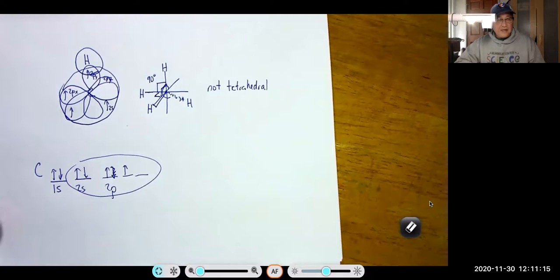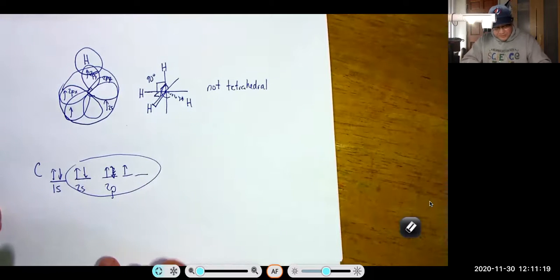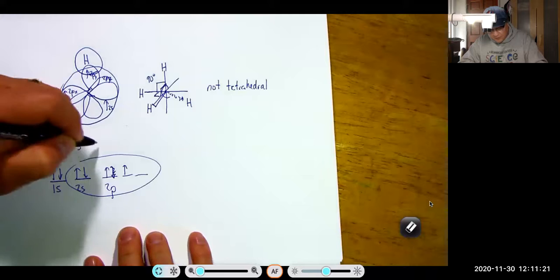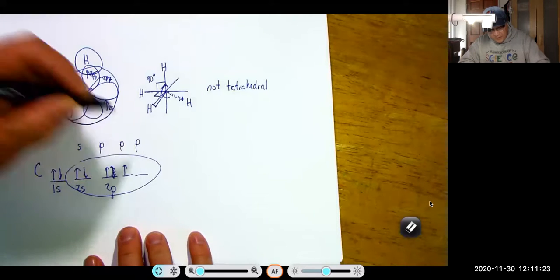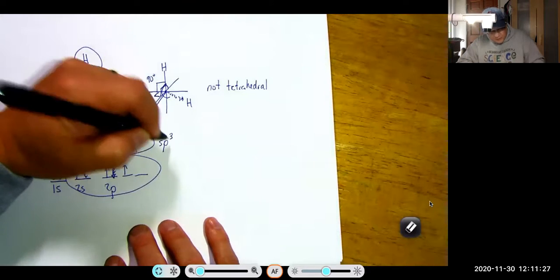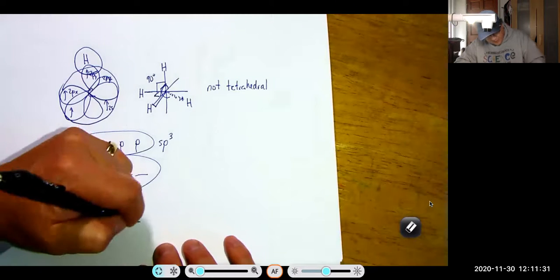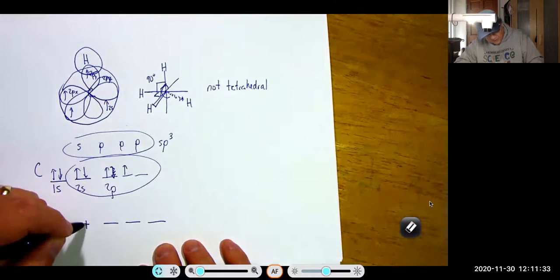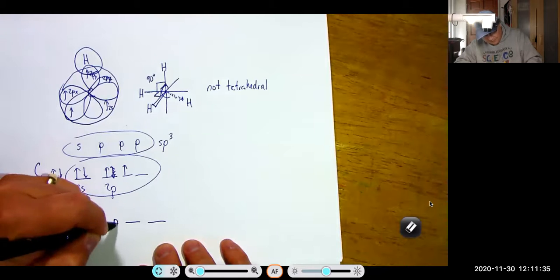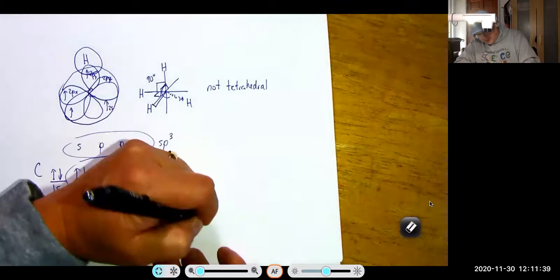They're going to be made out of these 4 orbitals. So that means they're going to be 1 part s and 3 parts p. And when we make these new orbitals, we'll call them sp3, because we're basically going to take this much of one, this much of one, this much of one, this much of one, and make a new orbital called an sp3.